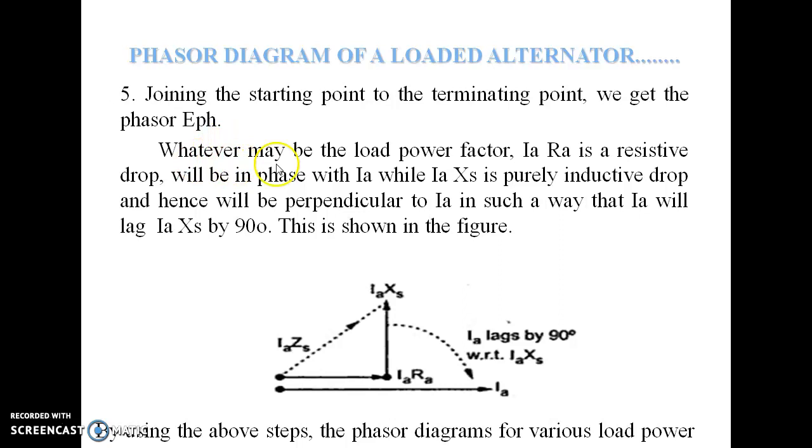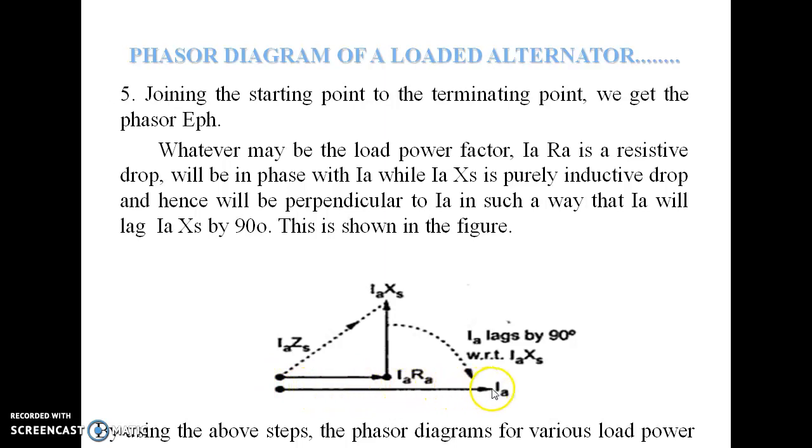Now, whatever may be the load power factor, IARA is a resistive drop and will be in phase with IA, while IAXS is a purely inductive drop and hence will be perpendicular to IA in such a way that IA will lag IAXS by 90 degrees. This is shown in the figure below.